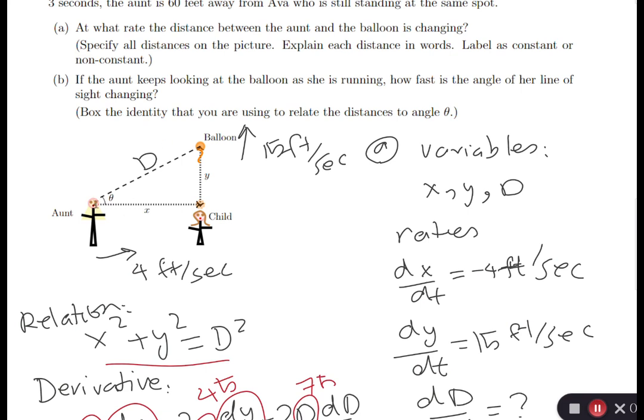The next part says the ant is looking at the balloon, and it's asking how fast the angle of her line of sight is changing. So basically I have to connect the line of sight to two of the sides, and that's how I can find the change in the angle. What I can see is that y over x is a very reasonable value to use.